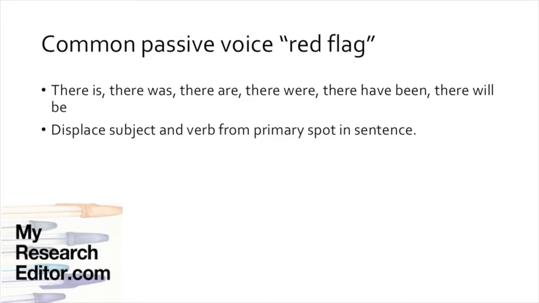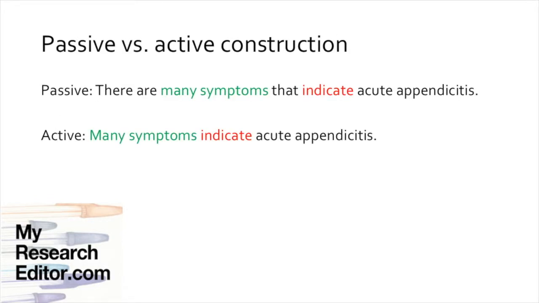These phrases very commonly replace the subject and the verb in the beginning of a sentence. Notice how, when we change from passive to active construction, the subject, many symptoms, comes first, and the verb, indicate, comes second. The there are phrase is removed.